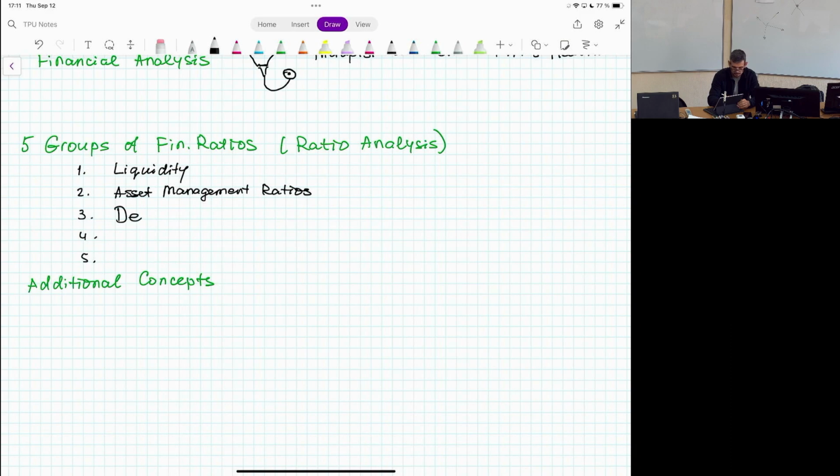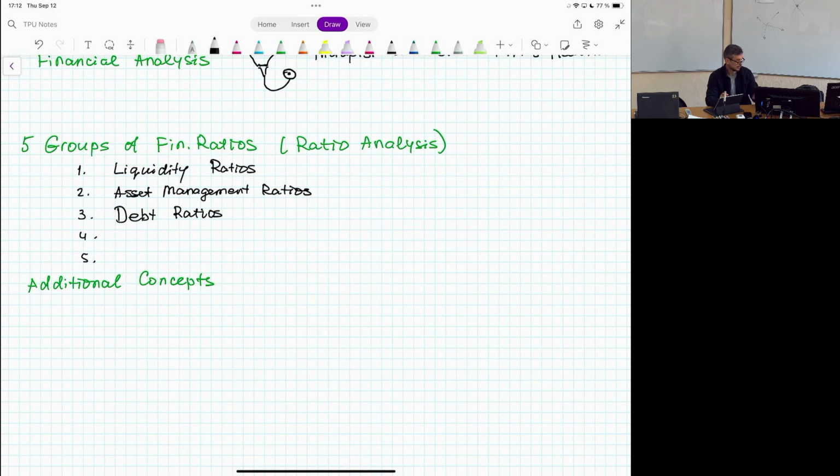Third, debt ratios. These are liquidity ratios, by the way, I'll put here. Liquidity ratios, asset management ratios, debt ratios. Daria, how would you translate debt ratios? Коэффициенты долга, так скажем, да? Ну, или это еще в русском говорят, когда мы оцениваем финансовую стабильность.